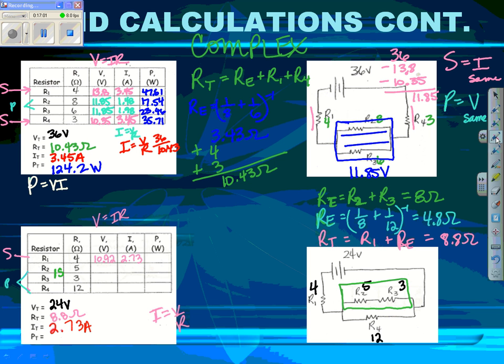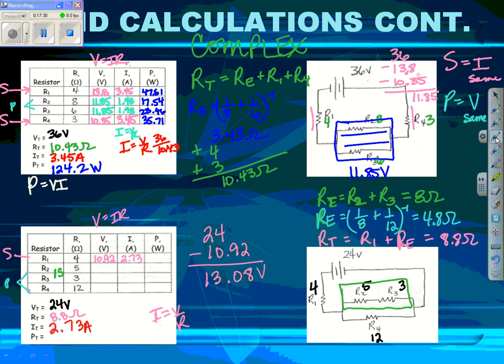All right. So with that, I can now solve for my parallel voltage because I had 24 volts minus my 10.92 volts, and that would leave me with 13.08 volts. Okay. R4 is in parallel with R2 and 3.